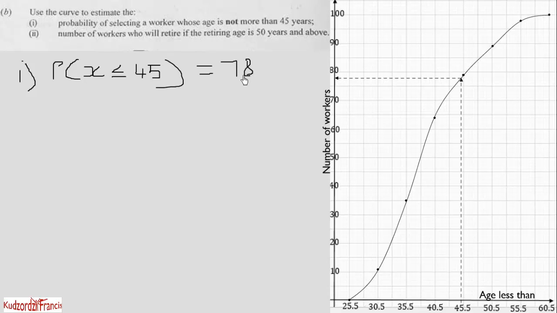The cumulative frequency is the total, 78 out of 100, and that will be equal to 0.78.